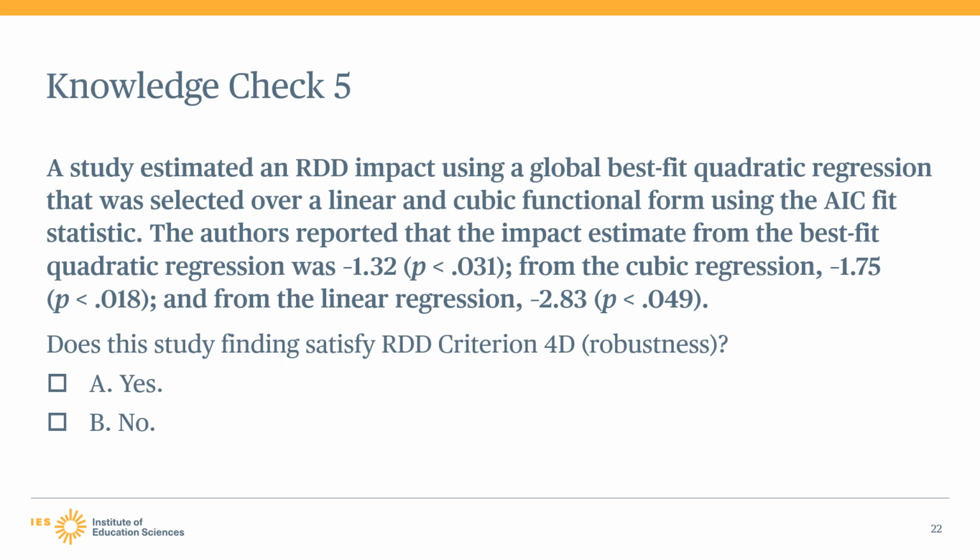The impact estimate from the cubic regression was -1.75 with a p-value less than 0.018, and the impact estimate from the linear regression was -2.83 with a p-value less than 0.049.